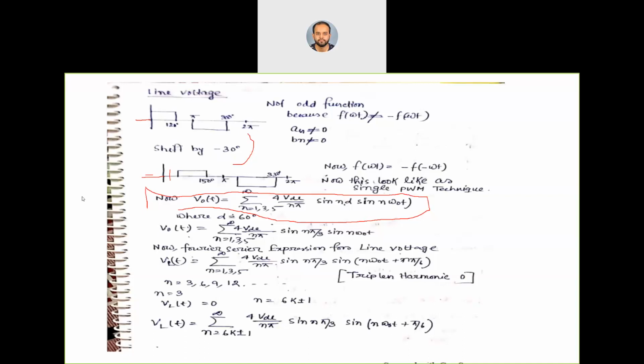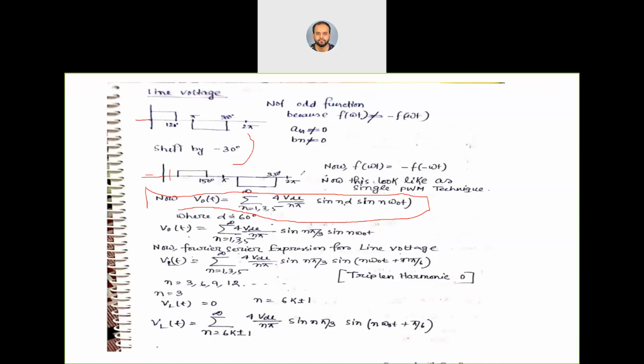Now I have shown it for 180-degree conduction mode. You will have to do it by yourself for the 120-degree conduction mode; it will be the same. Just keep one thing in mind: for 120-degree conduction mode, each switch will conduct for 120 degrees.